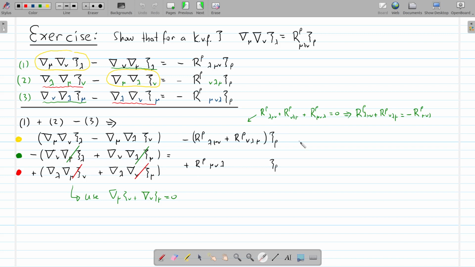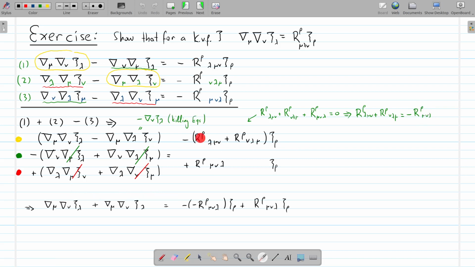For the right hand side, we have to use the symmetry of the Riemann tensor that says that its anti-symmetric part with respect to its three lower indices is equal to 0. So this sum here is equal to this here.